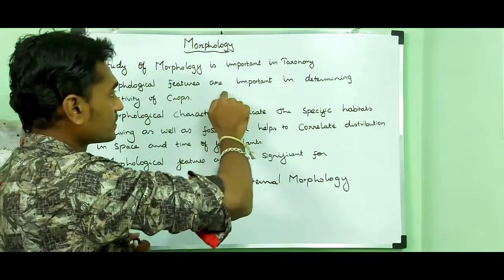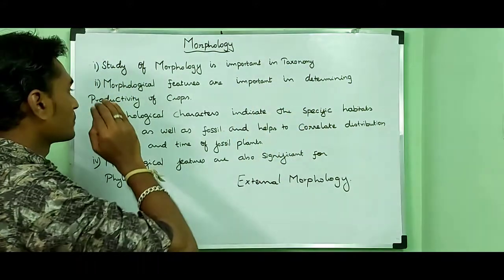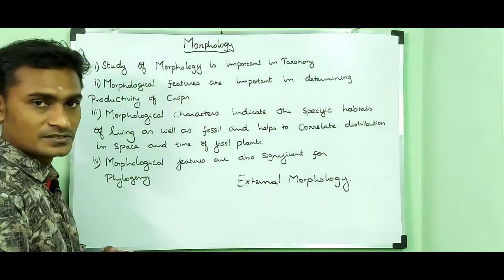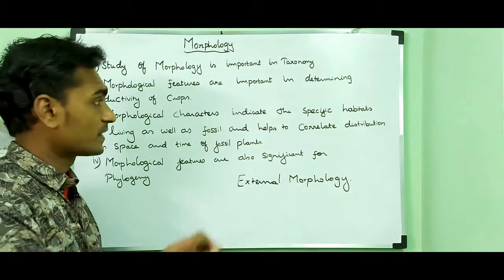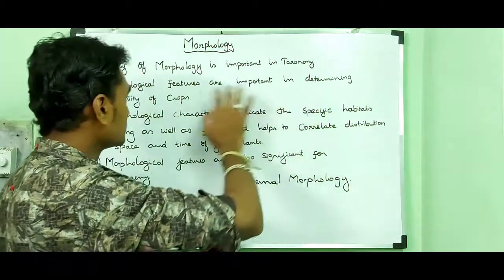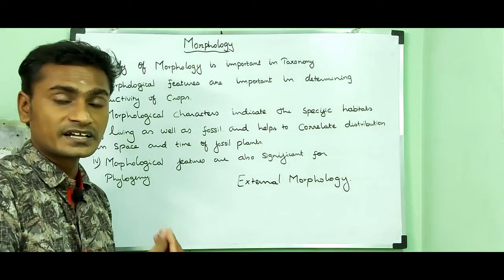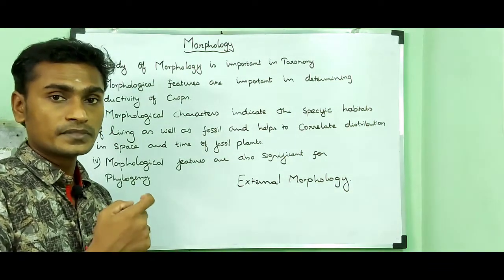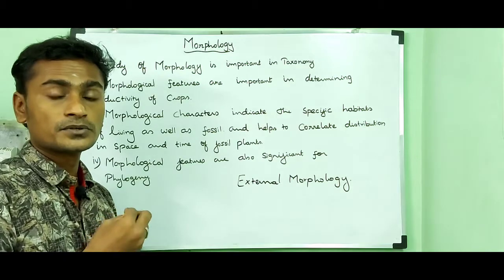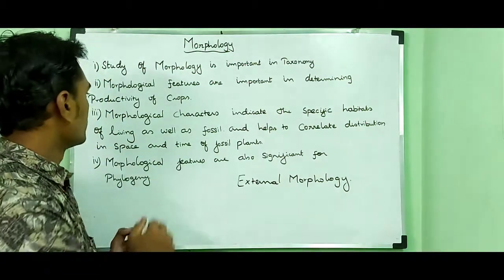Morphological features are important in determining productivity of the crops. So the external features helpful in determining the productivity of the crop. So அந்த morphology character வச்சு plant ஓட உற்பத்தி திறனை நம்ம கண்டுபிடிக்க முடியும்.